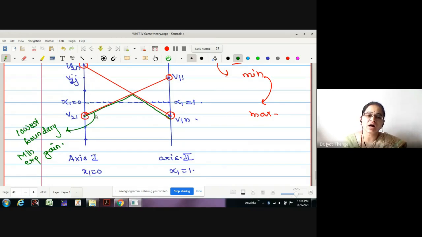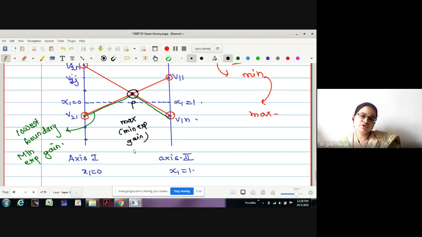Among this minimum expected gain, we will try to maximize it. What is the highest point on this lowest boundary? This is the highest point. I'll mark this point by P. This point gives the maximum among the minimum expected gain.